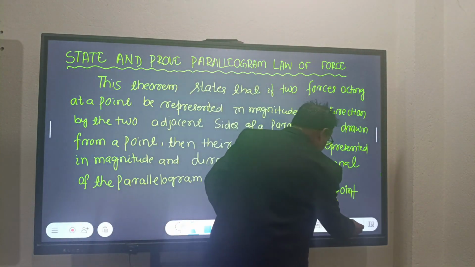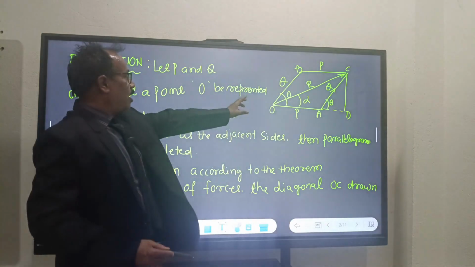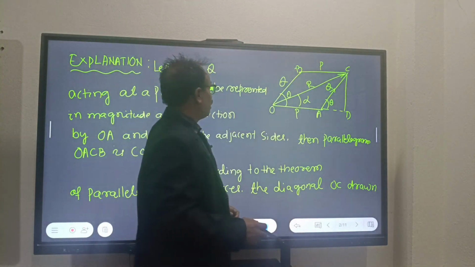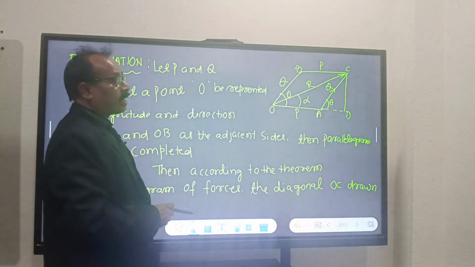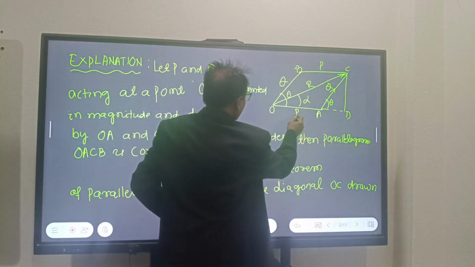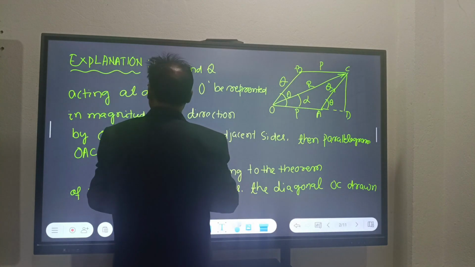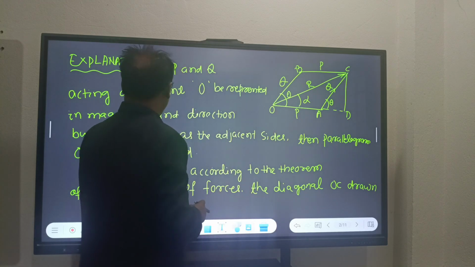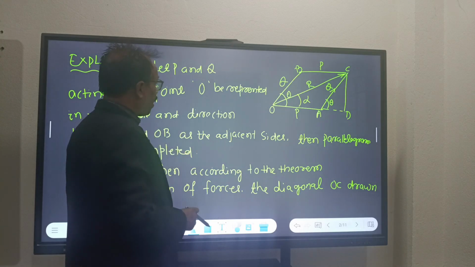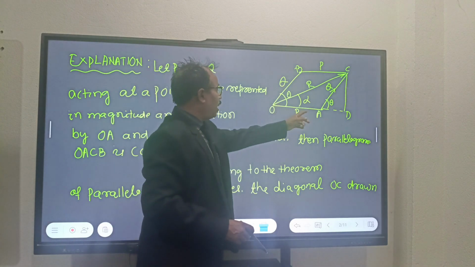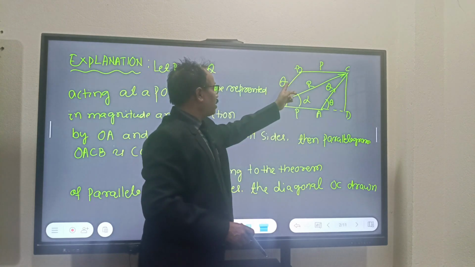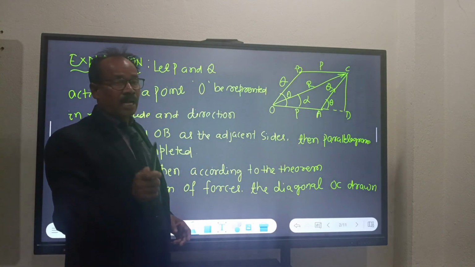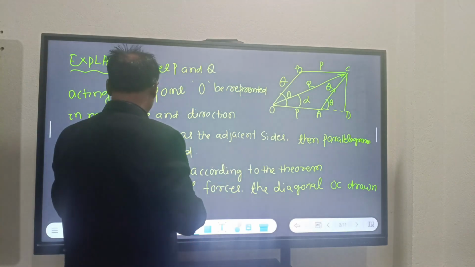Now, this is the parallelogram OACB. Here, let P and Q be two forces acting at a point O, represented in magnitude and direction by OA and OB. Here, OA represents P, OB represents Q as the adjacent sides of a parallelogram.